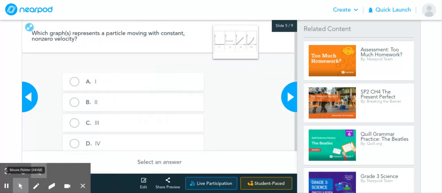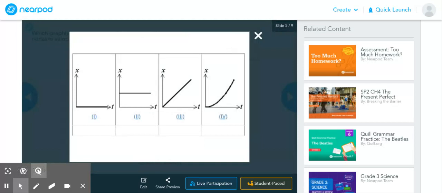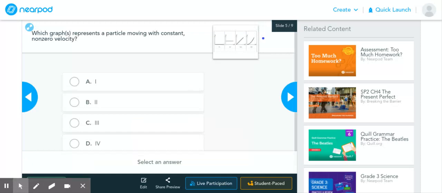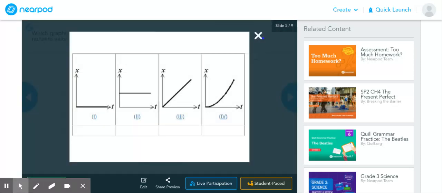Next one, which graph represents a particle moving with a constant velocity that is not 0? So the last time it asked us when is something standing still, and these are the same graphs. So we knew that 1 and 2 were standing still. Now the question is, when is it moving with a constant non-zero velocity? If we're standing still, we have a 0 velocity.